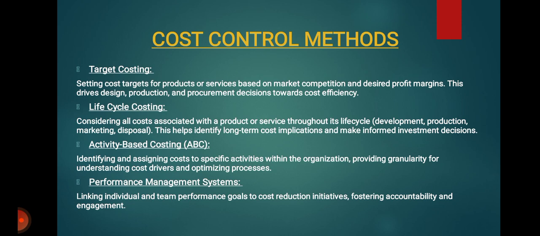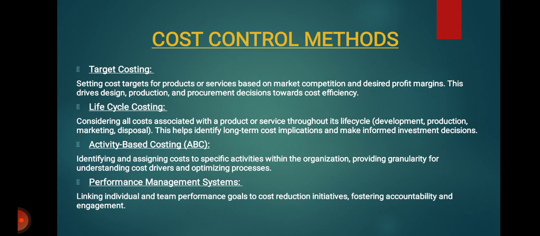Next one is activity based costing, which is also known as ABC. In this costing, it identifies and assigns cost to specific activities within the organization, and it provides granularity for understanding cost drivers and optimizing the processes. It can be explained through an example.